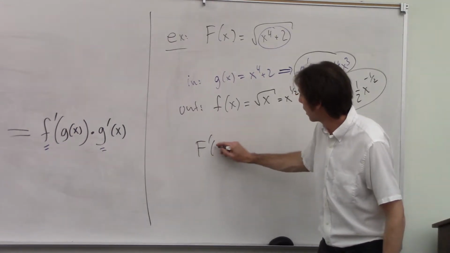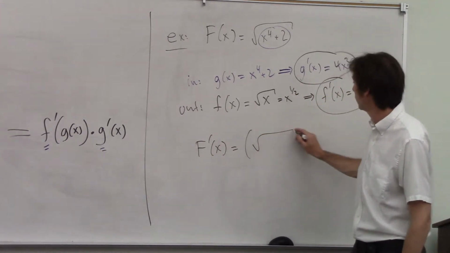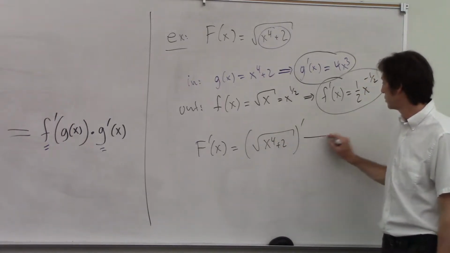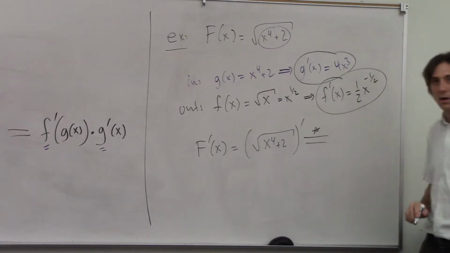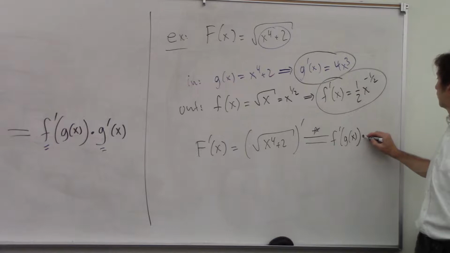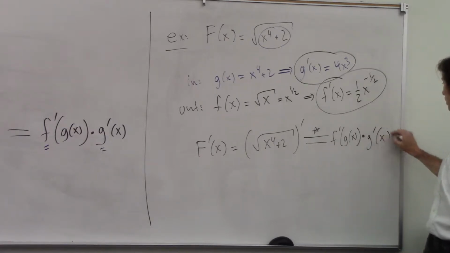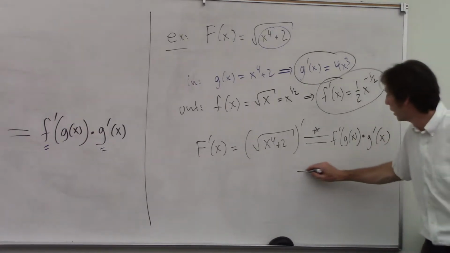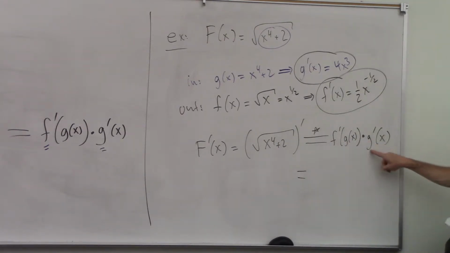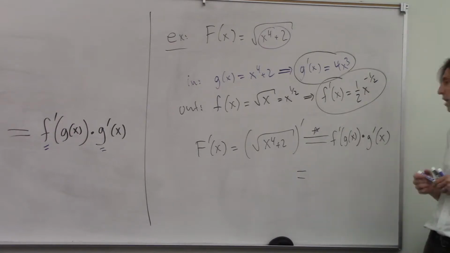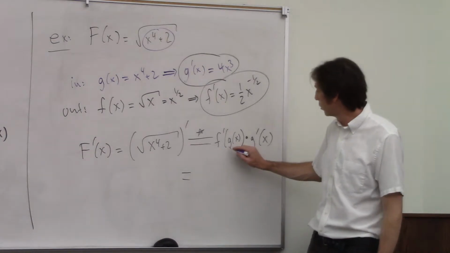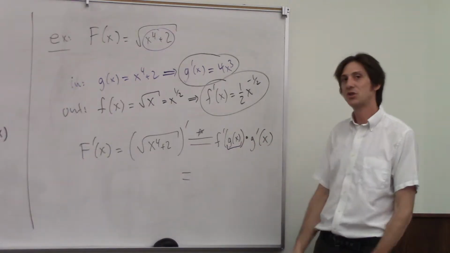For capital F prime, in other words, for the derivative of this composite function, from the chain rule, I have to do f prime of g and then times g prime of x. And so what does that look like? Well, I know what f prime is, I know what g prime is. The only thing I have to be a little bit careful about is, for f prime, what do I want to plug in? I want to plug in g of x, not just x.